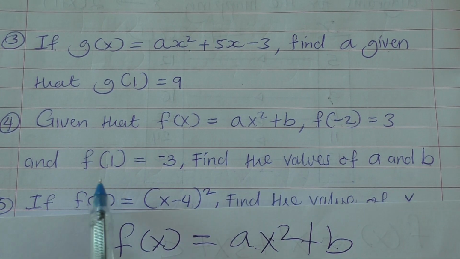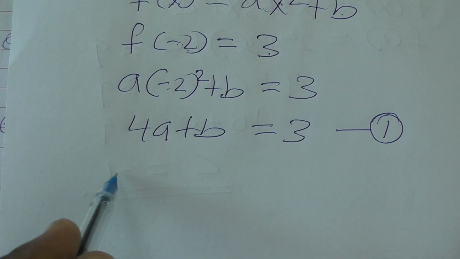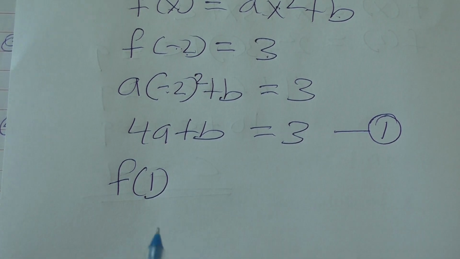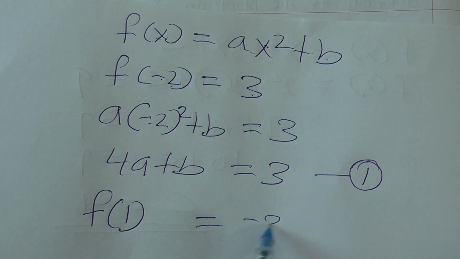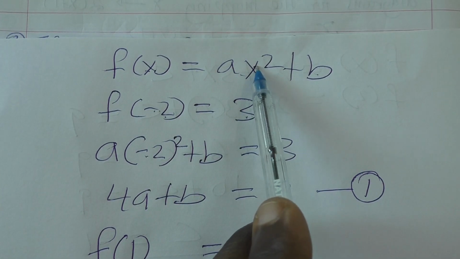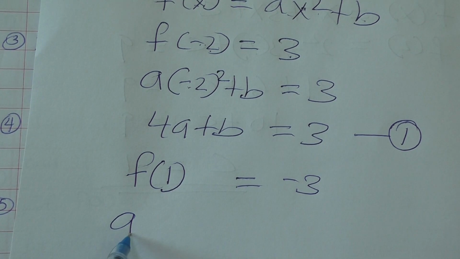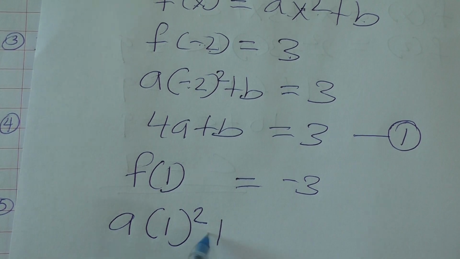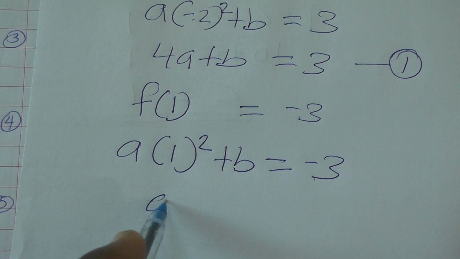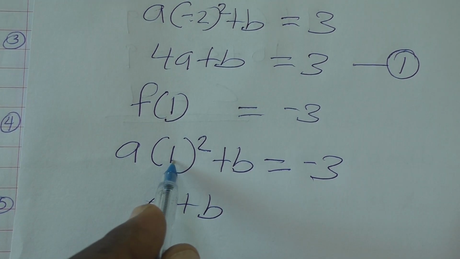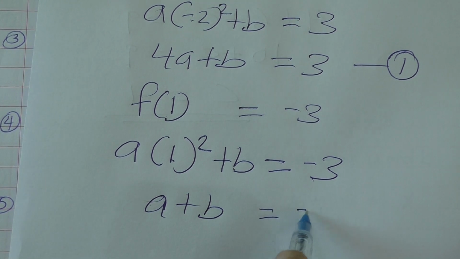And we are also told that f(1) equals -3. So similarly, f(1) equals -3 can be simplified by replacing x with 1. That gives us a into 1 squared plus b equals -3, which gives us a plus b, because 1 squared is 1 times a remains a, equaling -3.